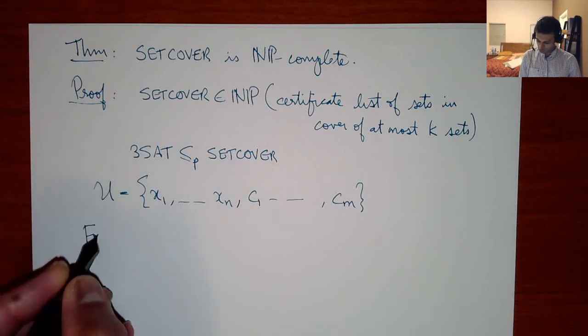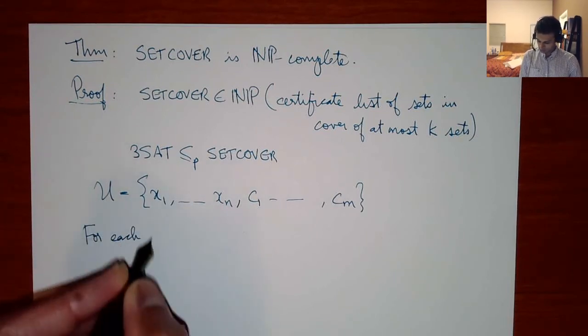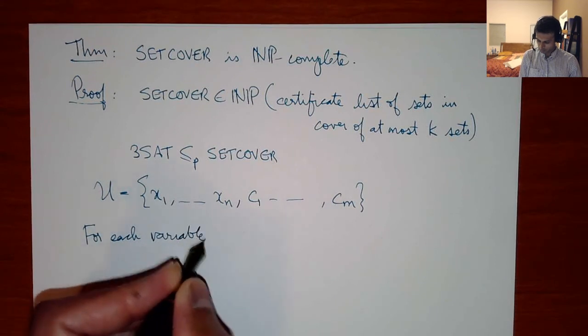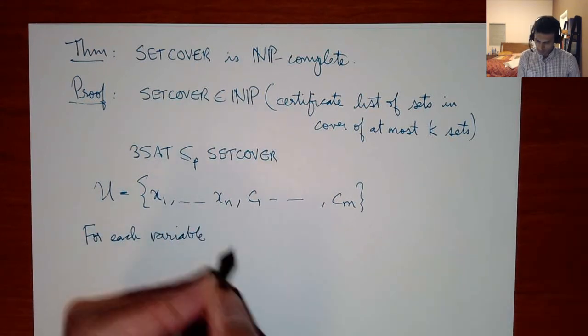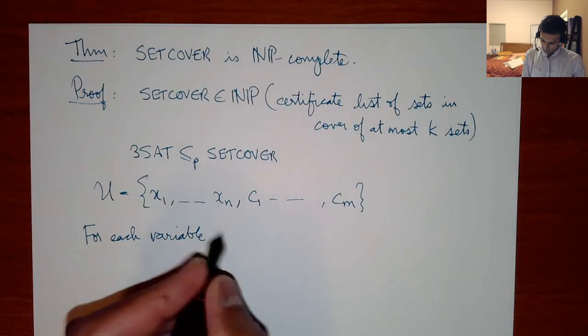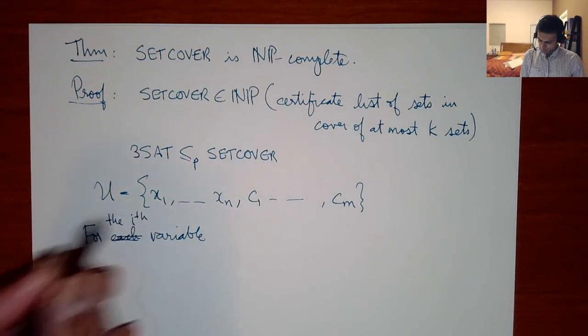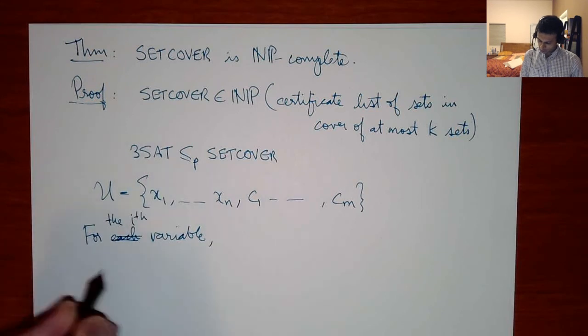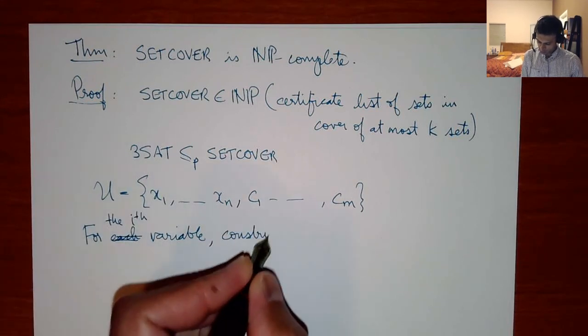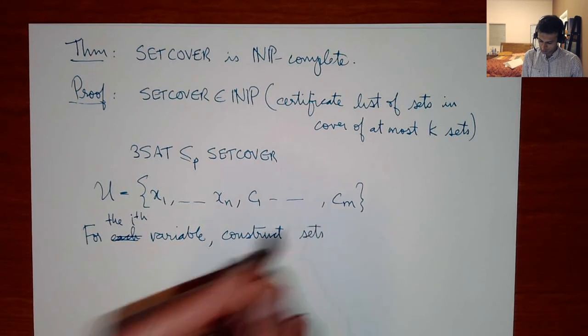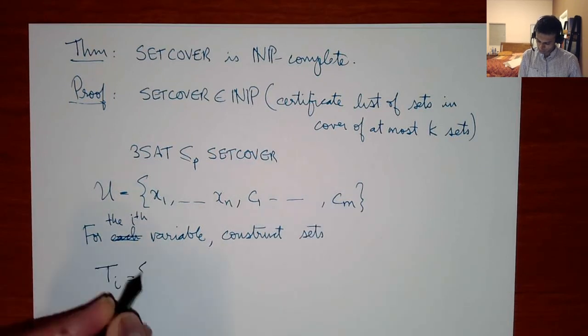Now construct the following sets. For each variable, I'll say for the ith variable, construct sets T of i.